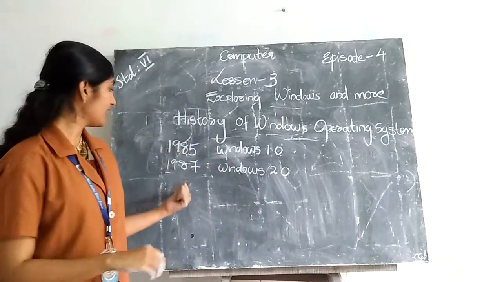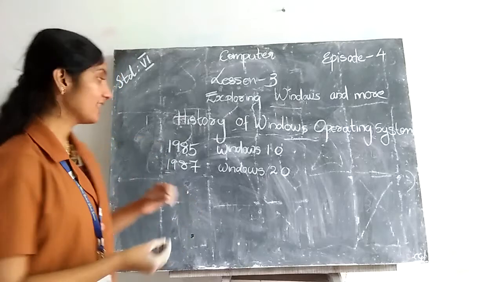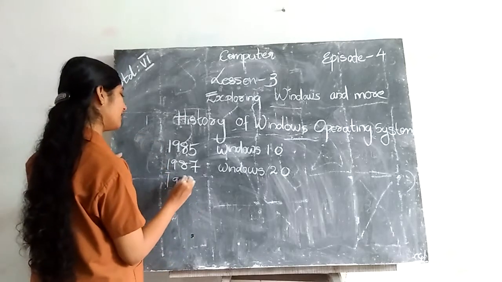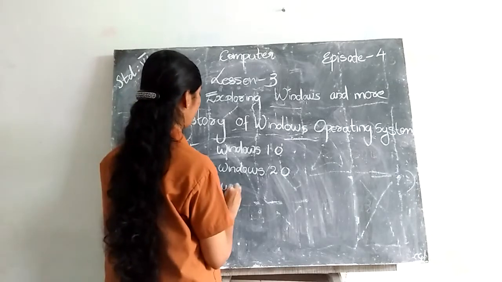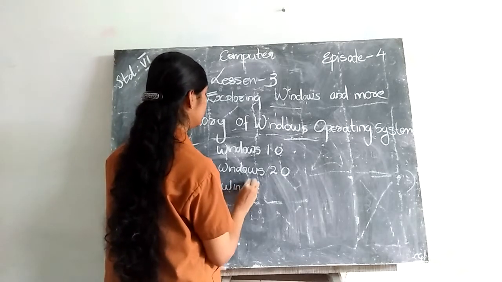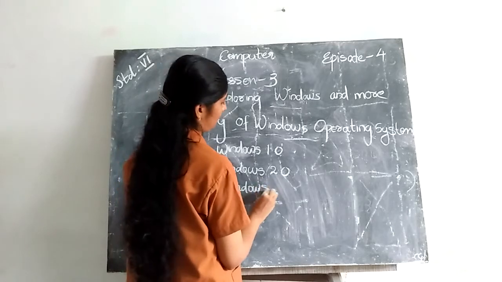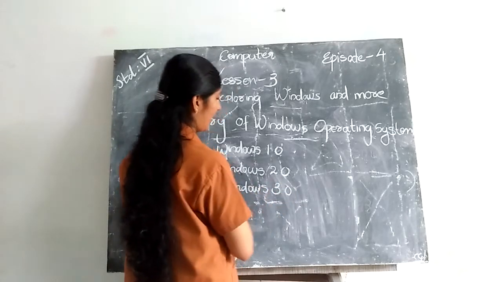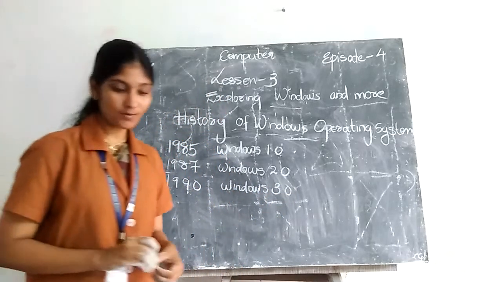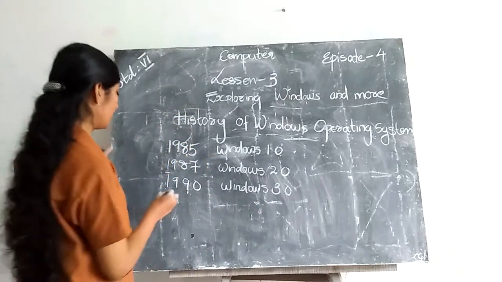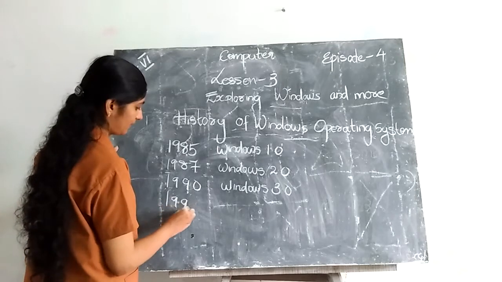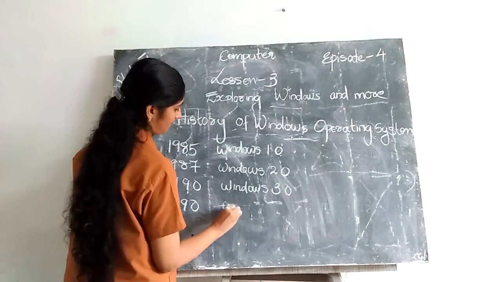Then after 3 years, in 1990, they came with some updates of that Windows, that is Windows 3.0 version. And then in 1993, another Windows version, that is Windows NT.